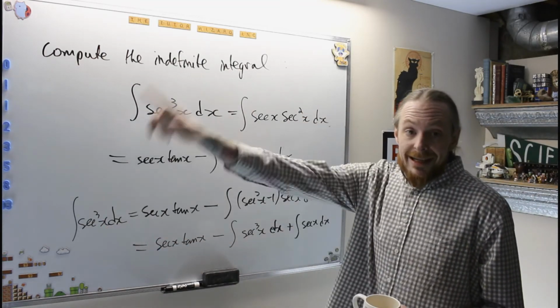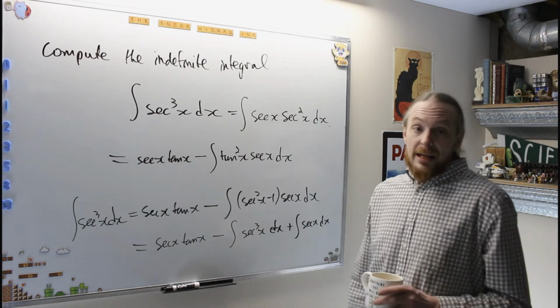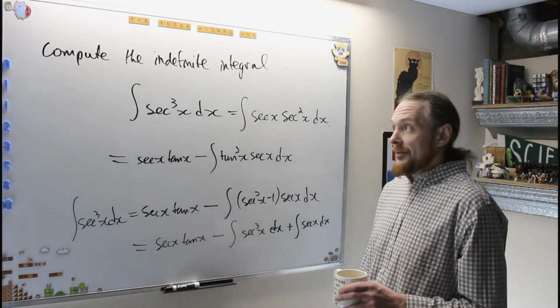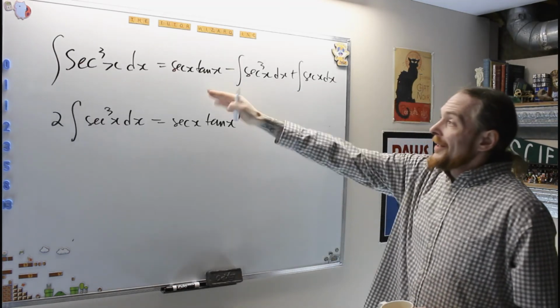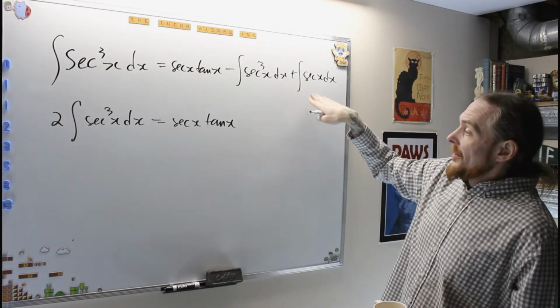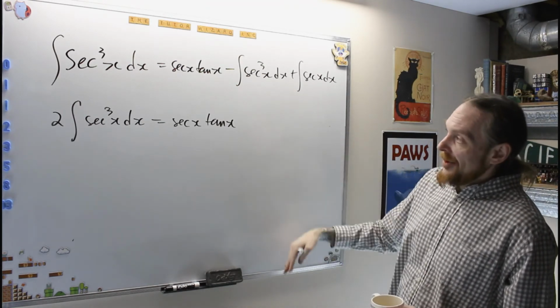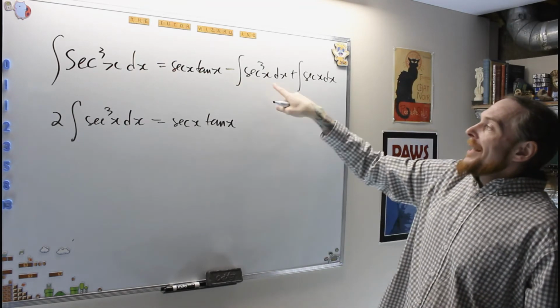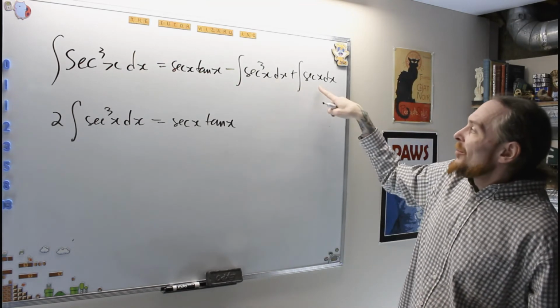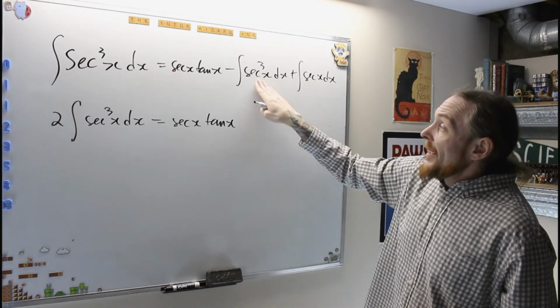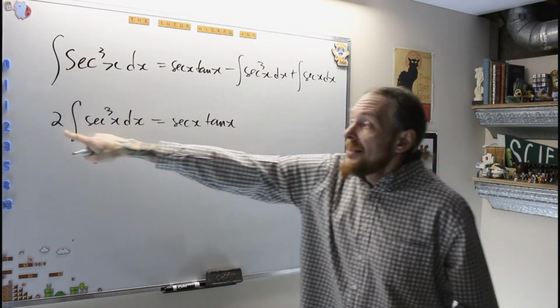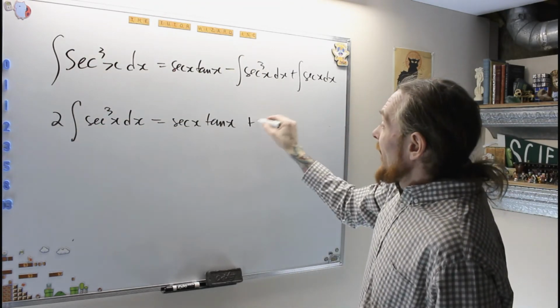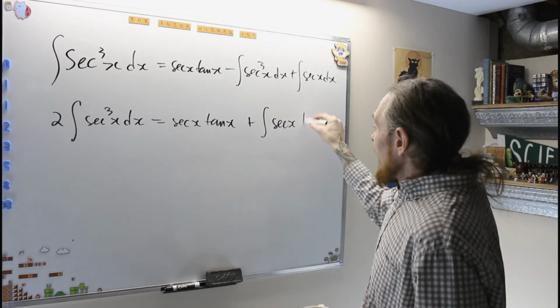So I'm going to bring it to the other side and solve for the integral, which first year students really do not like to do. Secant cubed is equal to secant tan minus the same integral, secant cubed again, plus the integral of secant x dx. Bringing this over to the other side, I have two of them.